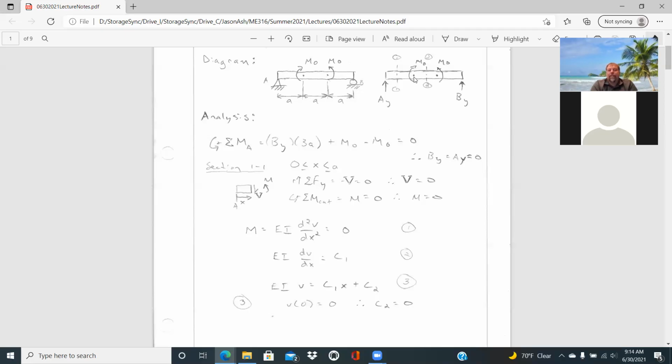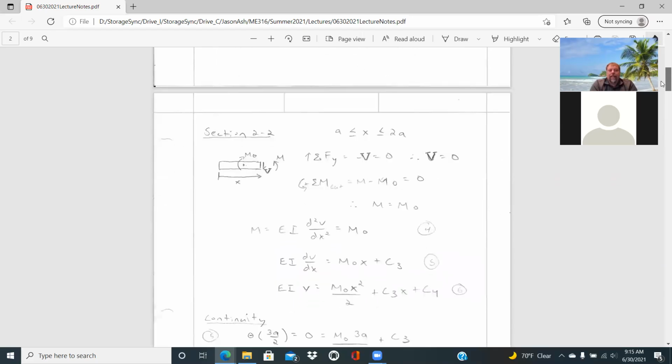The slope would have to be the same on the left and the right hand side of that point, just an infinitesimal distance. And so as we continue on, what we'll find is that we will have a number of equations, and then we can set those equal to one another to solve for our C1 value. So that's the path we're taking.